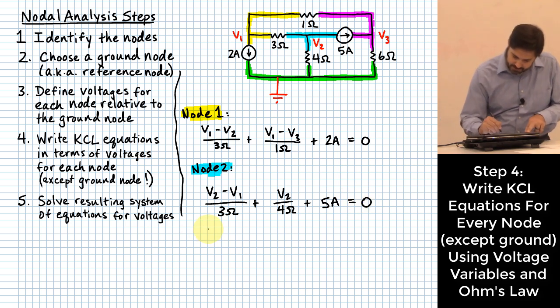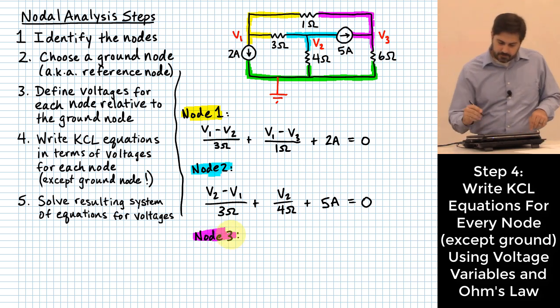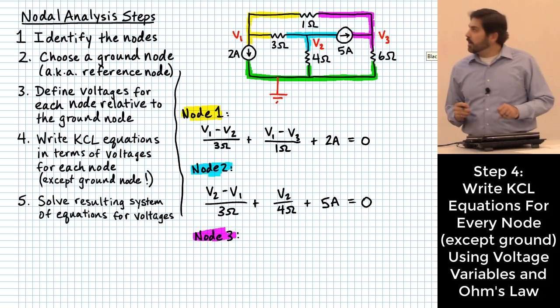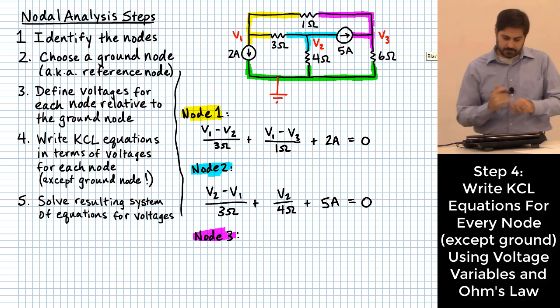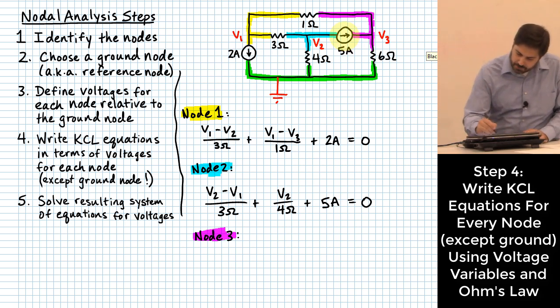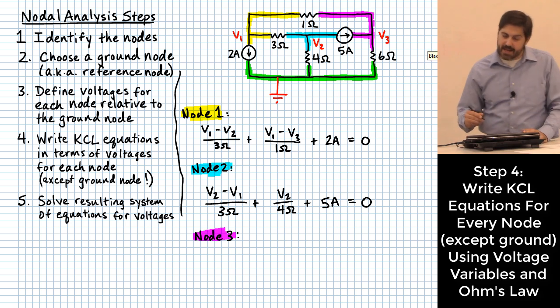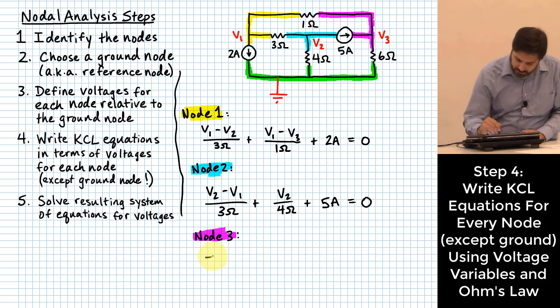Okay. Let's go on to node 3. Node 3 is colored purple. All right, which one do you want to do first for node 3? You have the 5 amp, so you certainly could do that if you want to. It's entering. If we're taking exiting to be positive, what do I do with that value? Okay, negative 5 amps.